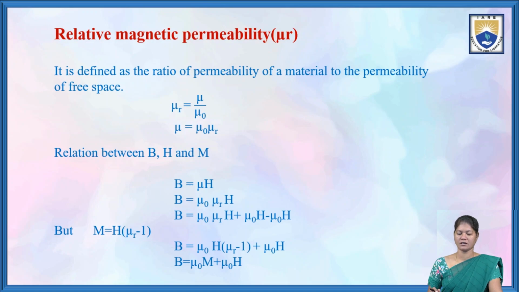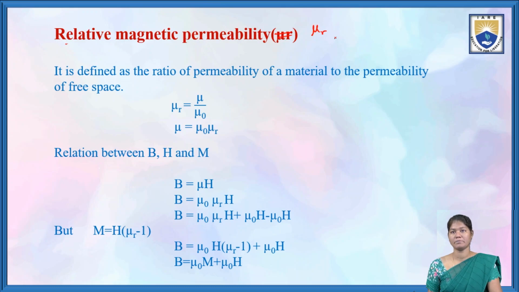Now we can calculate the relation between H, B and M, coming to the relative magnetic permeability mu r.